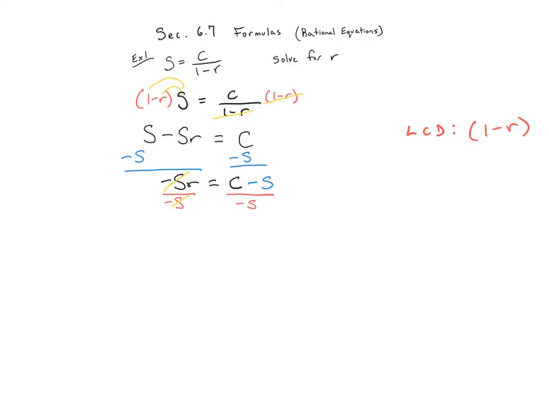Now all we're left with is R. On my right-hand side, I have C minus S divided by negative S. This is my formula now when I solve for R. This gives me my markup rate.